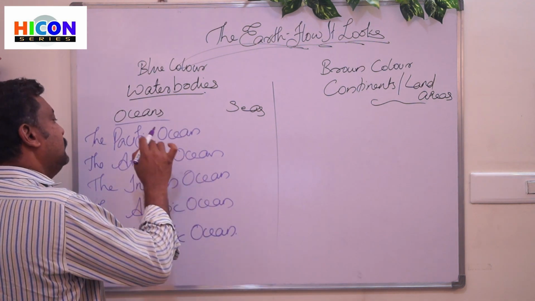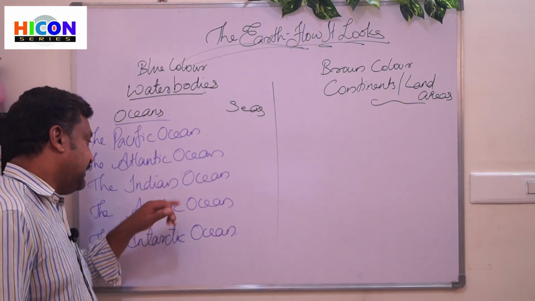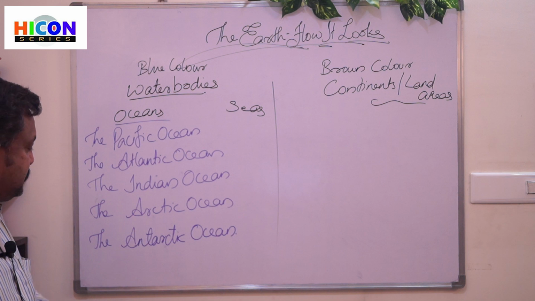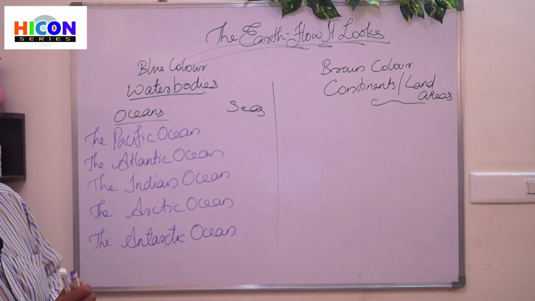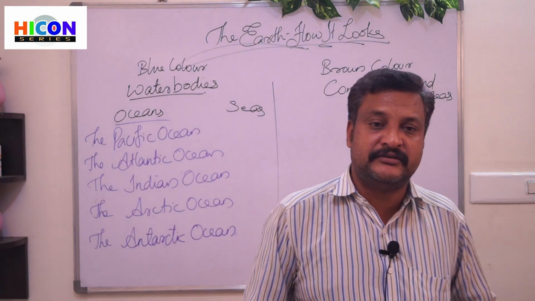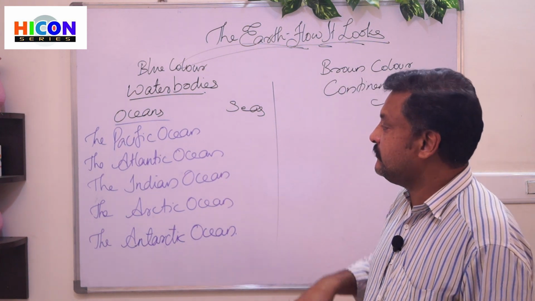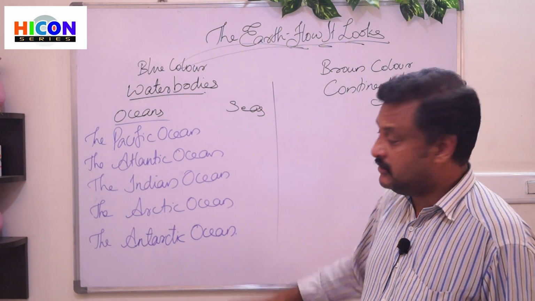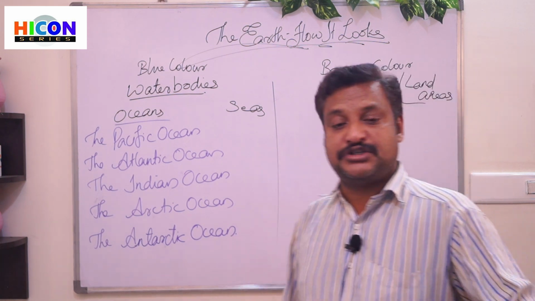Okay, so which are the 5 oceans that we have on this earth? The Pacific Ocean, the Atlantic Ocean, the Indian Ocean, the Arctic Ocean and the Antarctic Ocean.